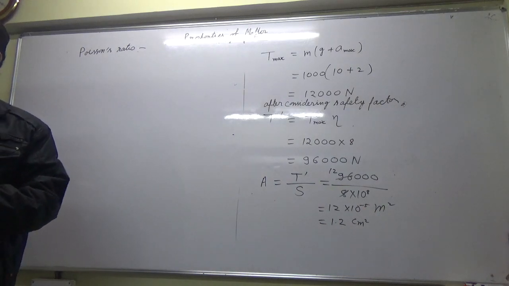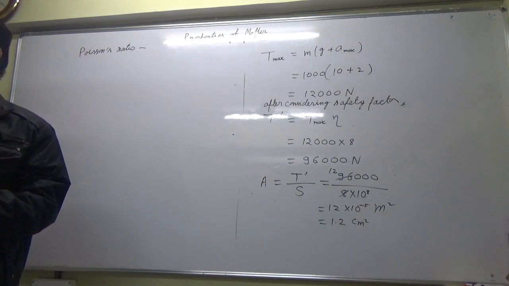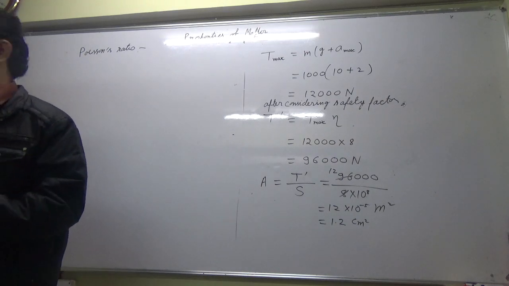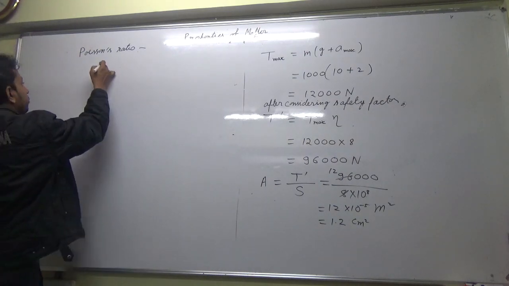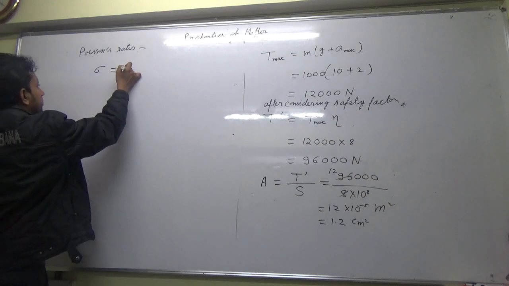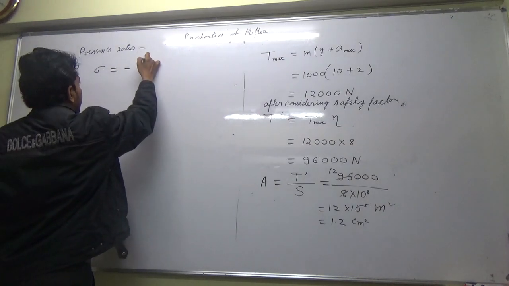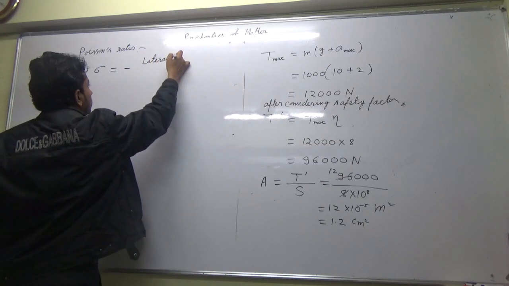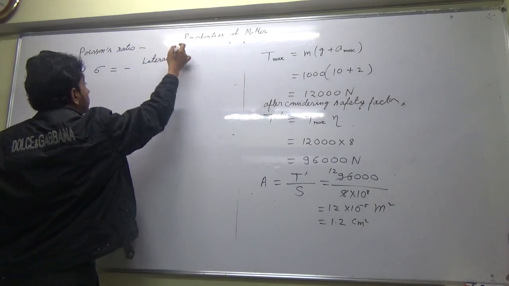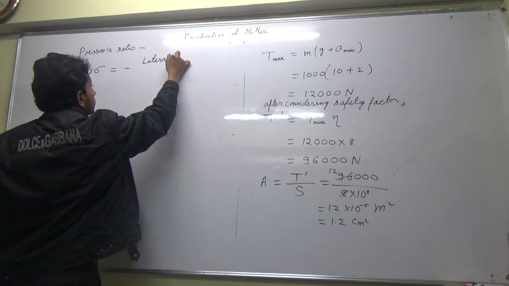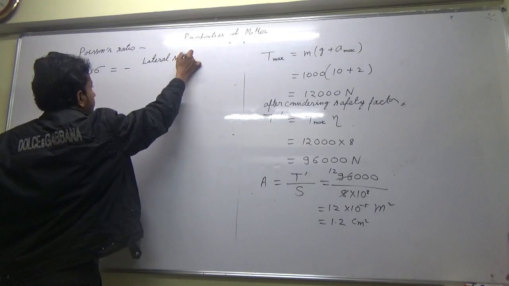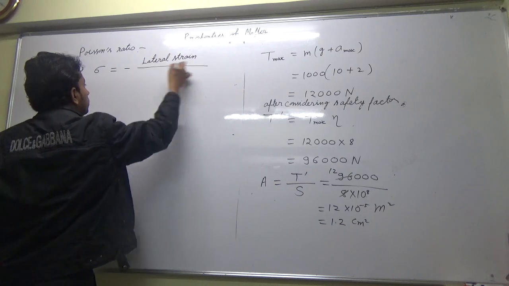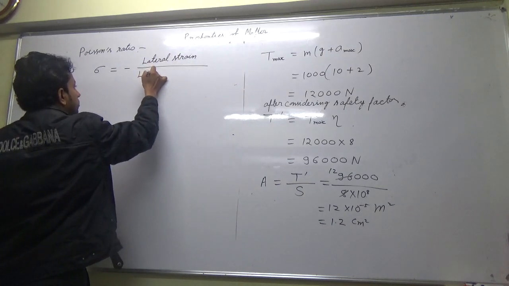So the ratio of these two strains is called Poisson's ratio. So Poisson's ratio is defined as lateral strain by longitudinal strain.